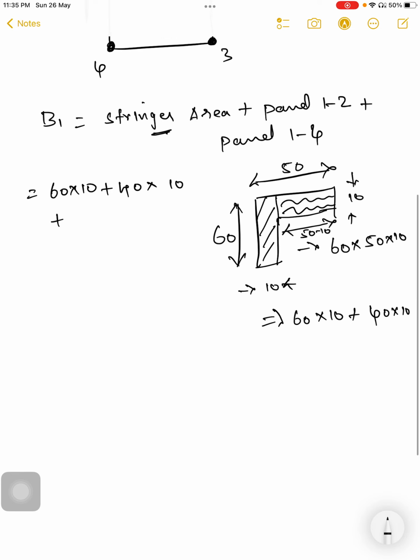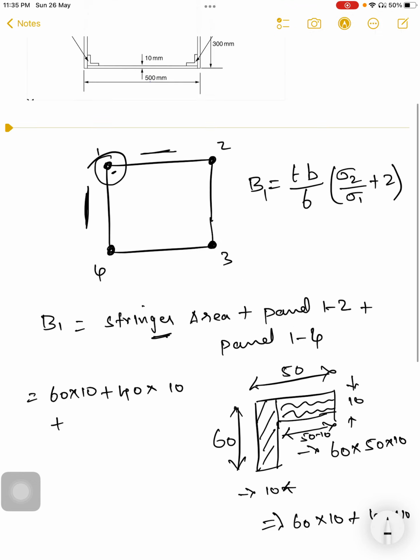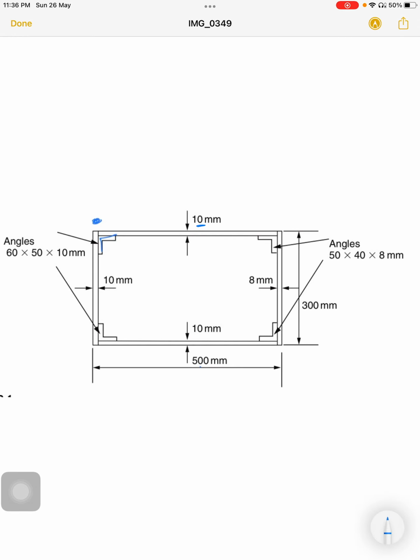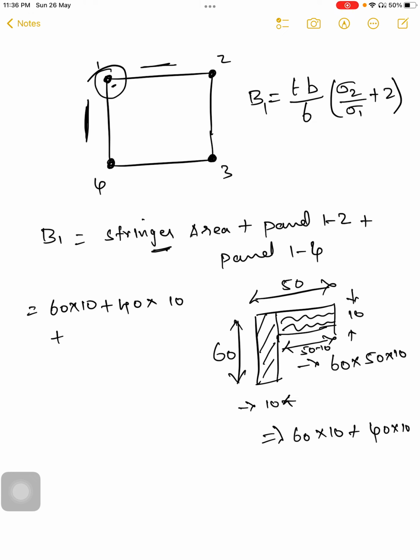now the boom area for the panel 1 2. For 1 2 the thickness is 10 and the breadth is 500. So t will be 10 and that will be 500 divided by 6.